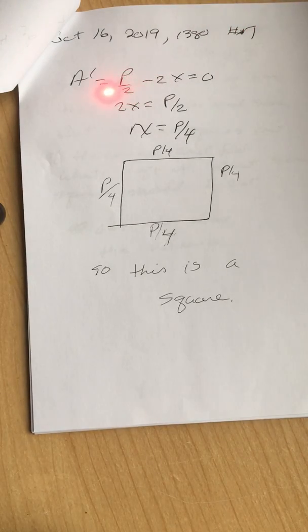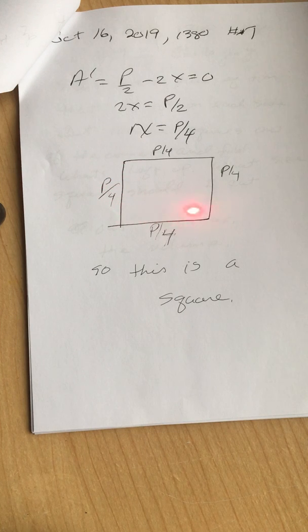So the derivative of the area, A prime, is p over 2 minus 2x. So we set that equal to 0. So 2x equals p over 2. So x equals p over 4. Well, if x equals p over 4, when I put it back in the y equation, I'm going to get y equals p over 4. So I get x equals p over 4, y equals p over 4.